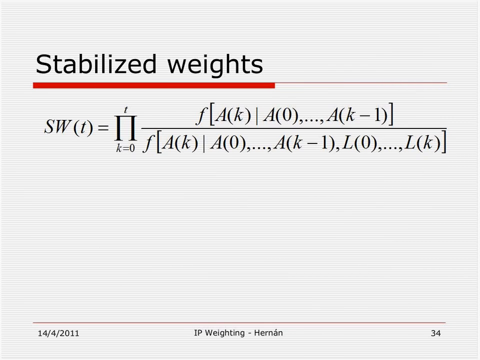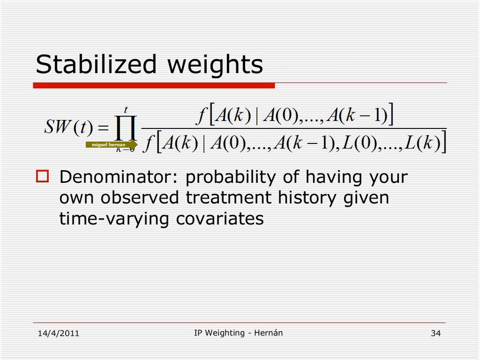So the weights look something like this, where this symbol here means a product over time. It's the product of the probability of treatment at each time given the past treatment history and past confounder histories. That's how the weights are used in practice.